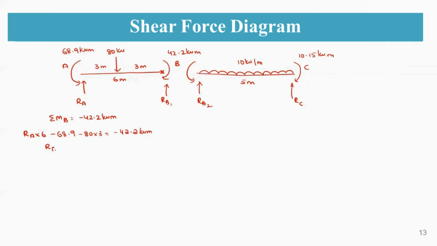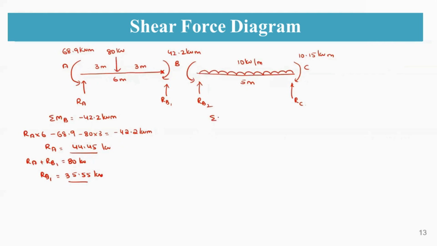From this you are going to calculate RA. Here you are going to get RA to be 44.45. Similarly, RA plus RB1 should be equal to 80 kilonewton, so your RB1 will be equal to 35.55 kilonewton. So this is your RB1.